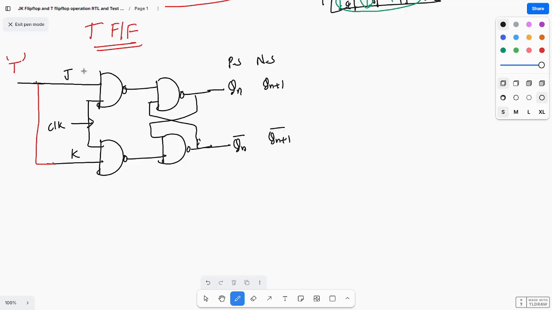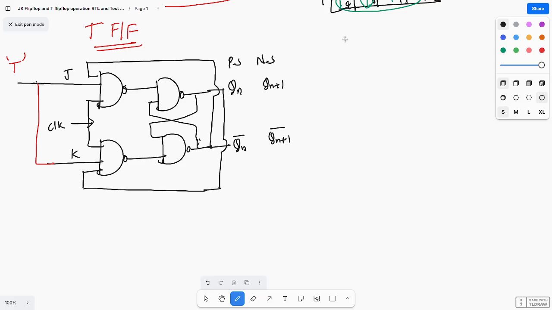So this input is connected to Qn bar, and this input is connected to Qn. That means this is a T flip flop.